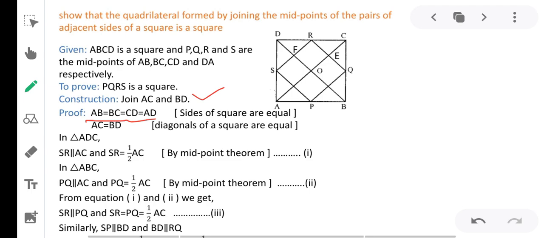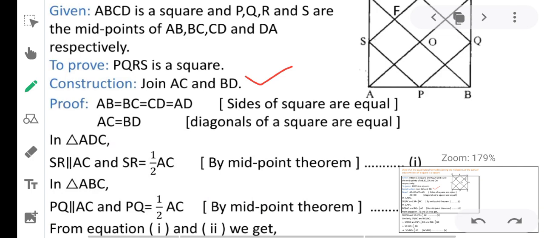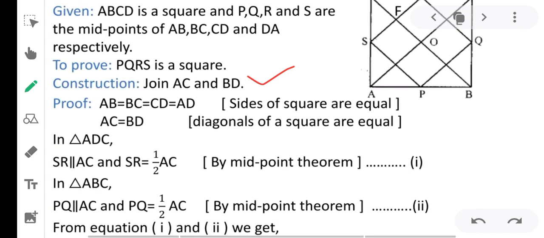And AC equal to BD also. These are the diagonals of this square ABCD. Remember, diagonals of a square are equal.